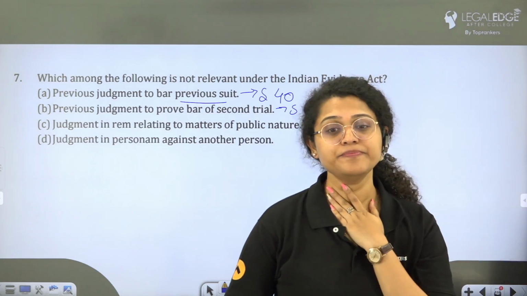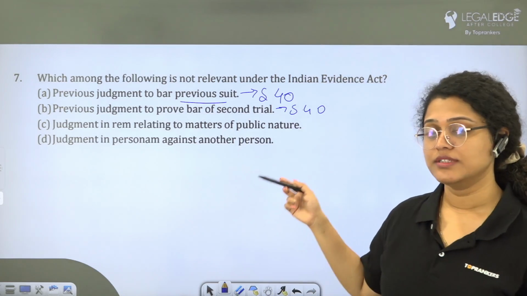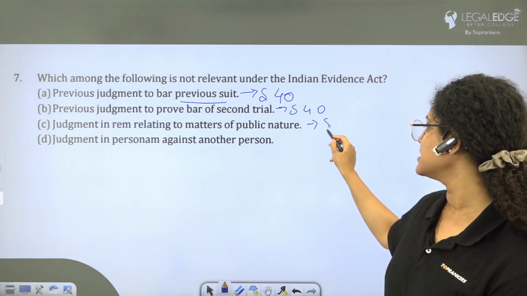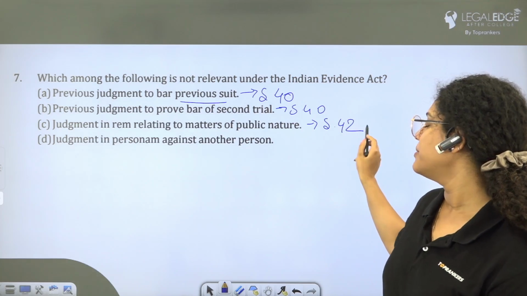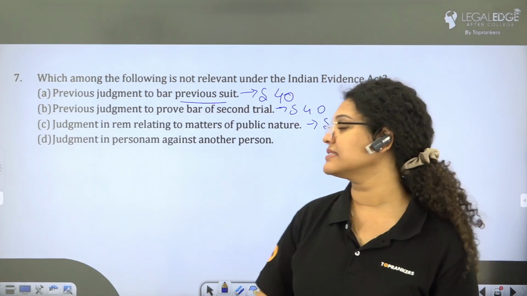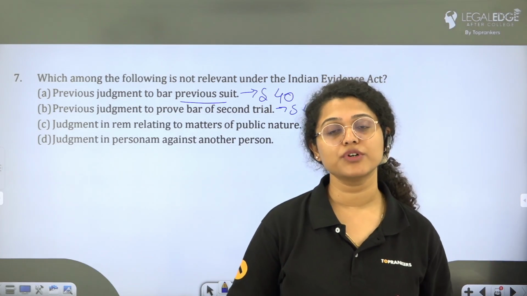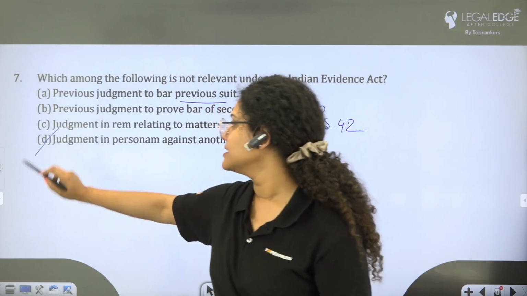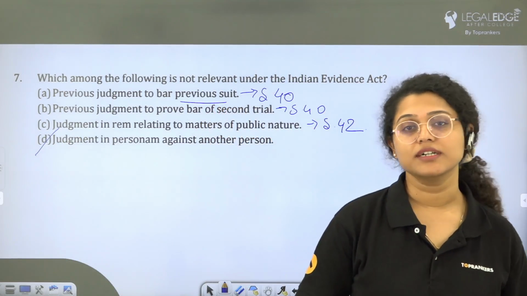Judgment in rem relating to matters of a public nature: this is Section 42. But judgment in personam against another person is not covered anywhere at all. So this is your answer over here. This is not covered under the Indian Evidence Act.